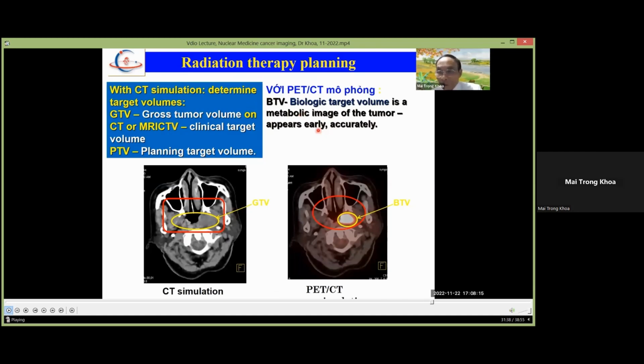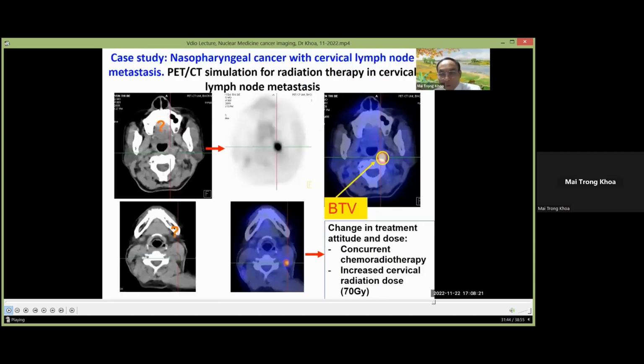It means biological tumor volume. You can see here, this BTV is the value. We can easily determine the BTV value and detect metastatic lymph nodes to have an appropriate treatment plan.